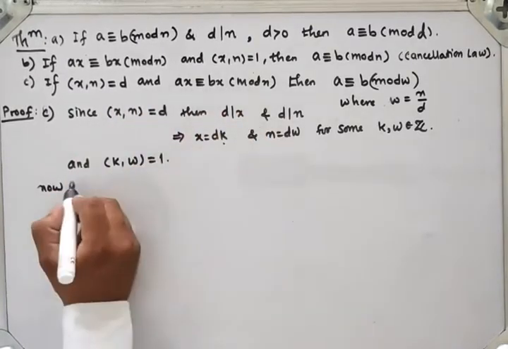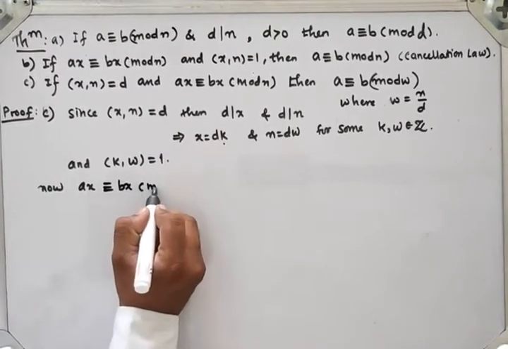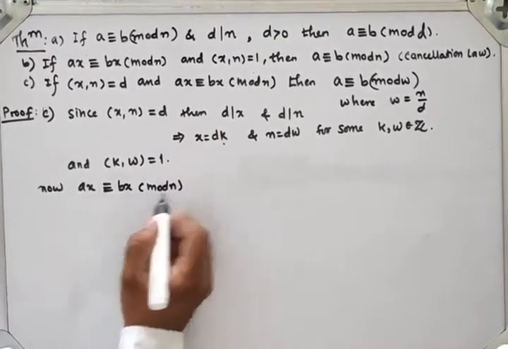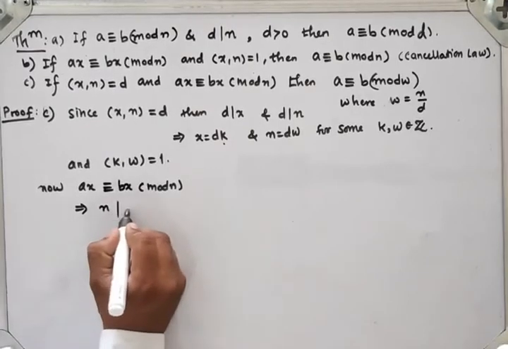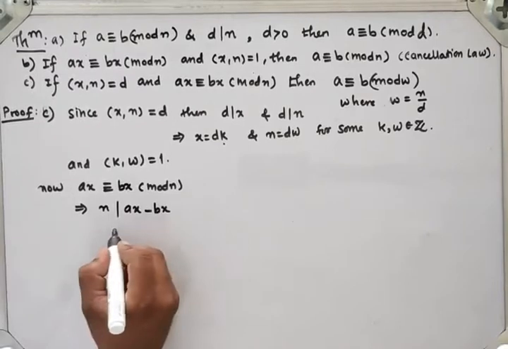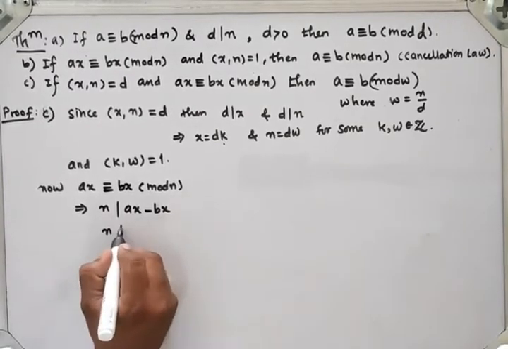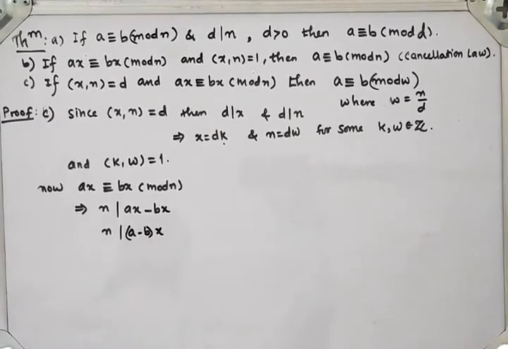So now what we have? ax congruent to bx modulo n. Then by using the definition, n divides ax minus bx. I will take x as common, so n divides a minus b into x.